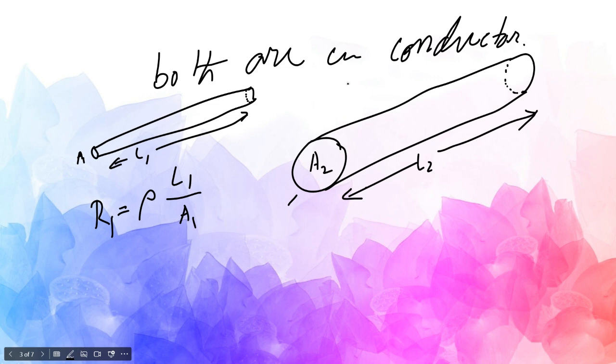So indeed it means the resistivity of both the elements will be same. Again R2 equal to rho L2 by A2. Okay. So here just look at it. I think from here you can actually understand the difference. This is resistance, and this unknown part is called resistivity. Resistivity.